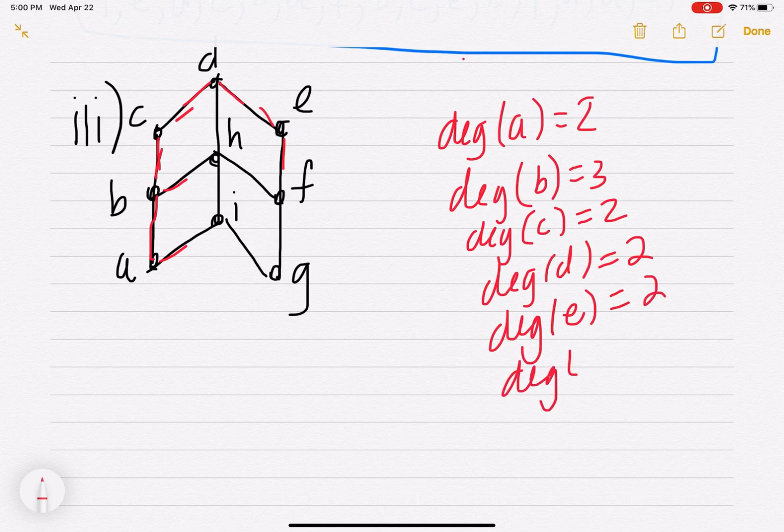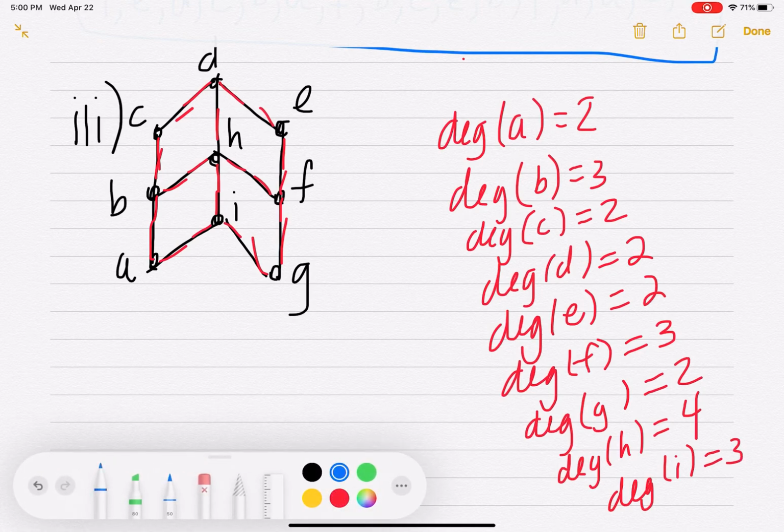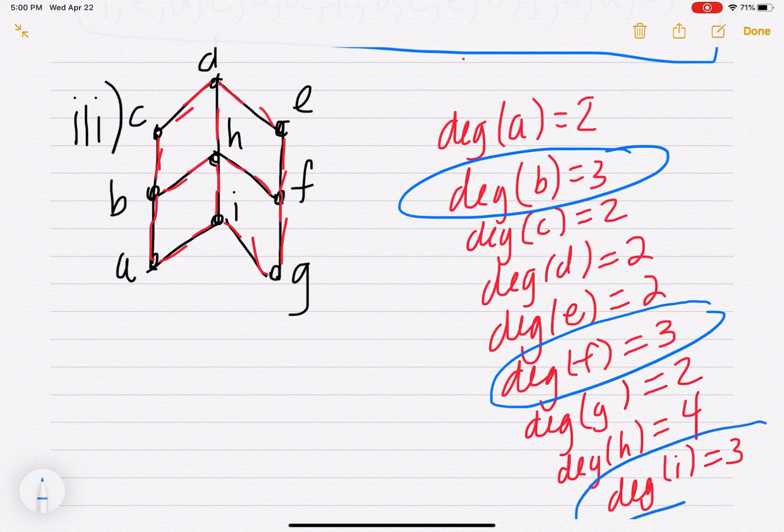Degree of F is 3, with 3 edges coming out of F. Degree of G is 2. Degree of H is 4. And the degree of I is 3 edges coming out of it. So you want to focus on your odd degree vertices when you're looking for Euler paths or Euler trails. We've got one here, another here, another here. It looks like I've counted wrong.